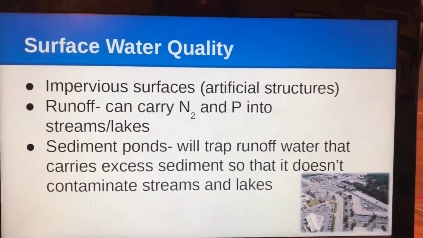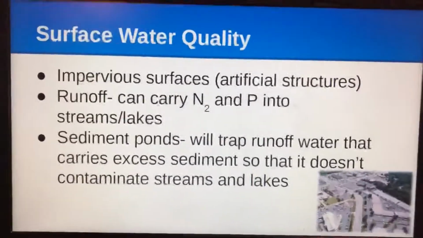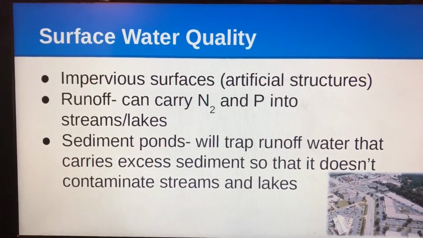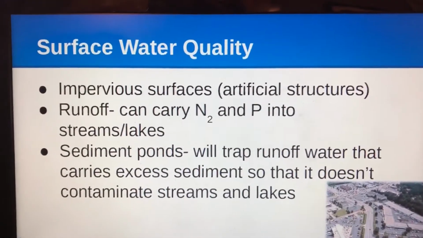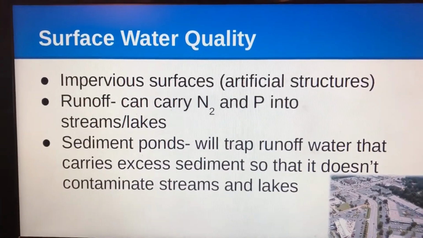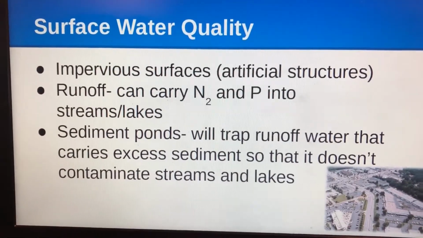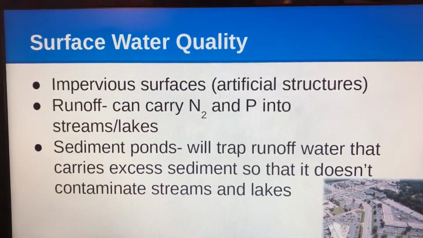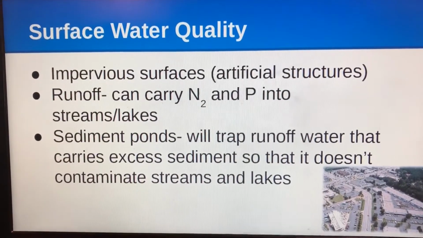Surface water quality, that's the quality of the water at the surface. It's pretty self-explanatory. Anything that runs off of the streets or is in streams or lakes or ponds is susceptible to poor water quality, especially in and around cities, because pollution can settle onto the roadways or any sort of flat, impervious artificial structure, and anytime it rains, it will run off into the nearest body of water.